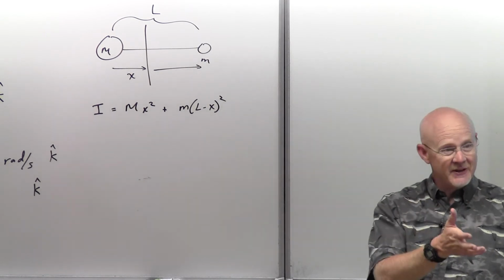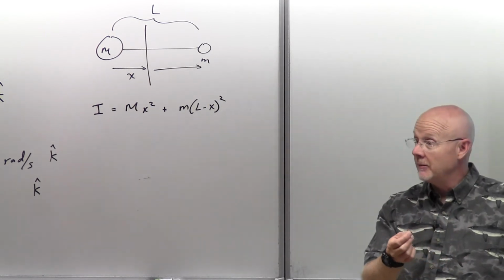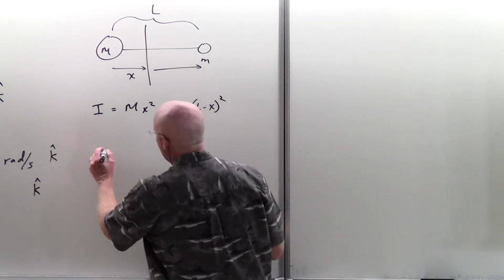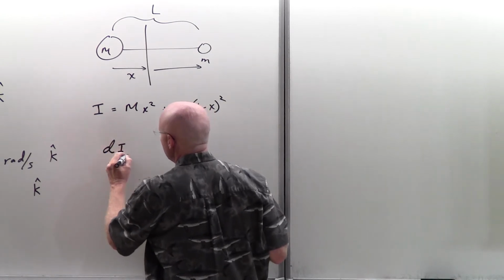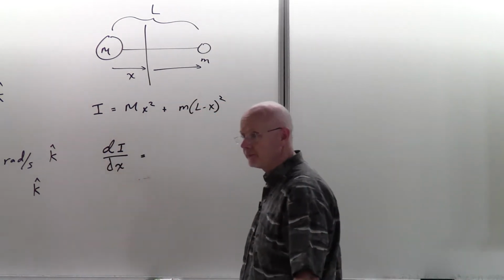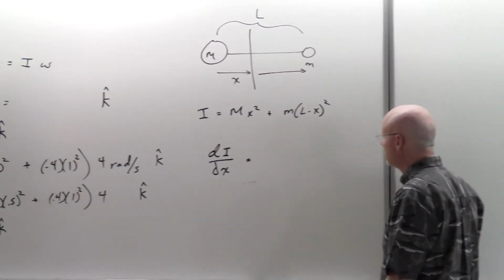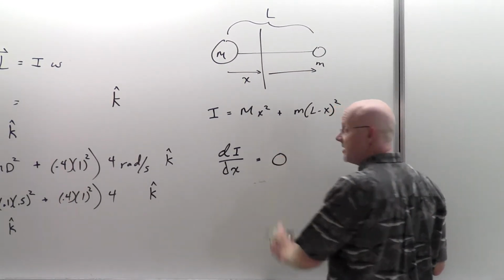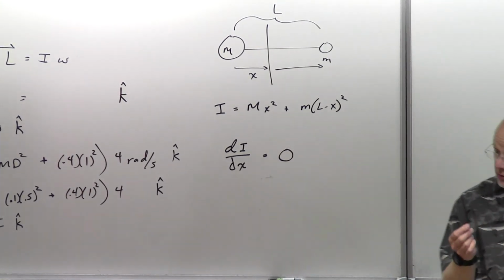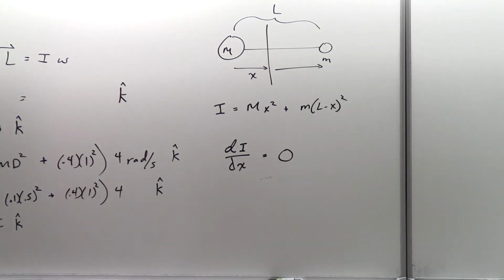Take the derivative of whatever variable is changing, which in this case is x. So you are really saying, how does the inertia change with different values of x? You set it equal to 0, and that's where you find your minimums and your maximums, right?